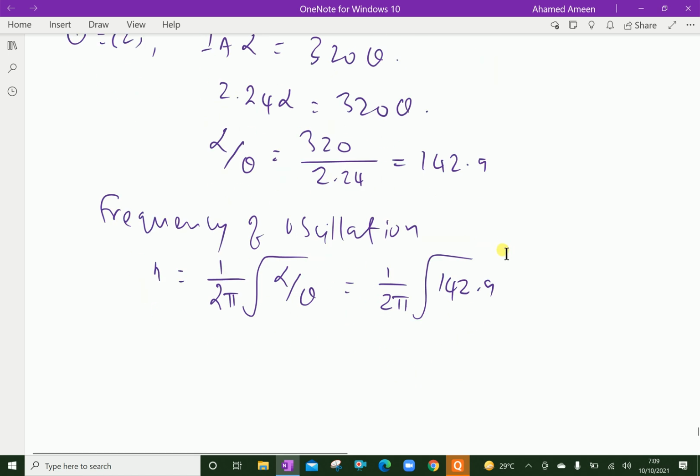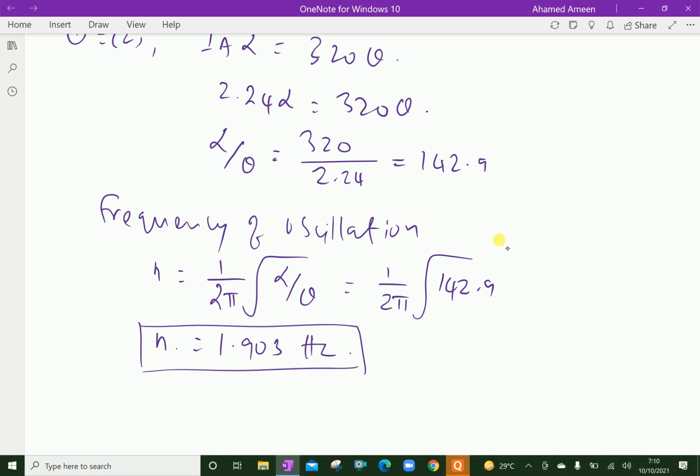So which gives 1.903 hertz, the frequency of oscillation you got.